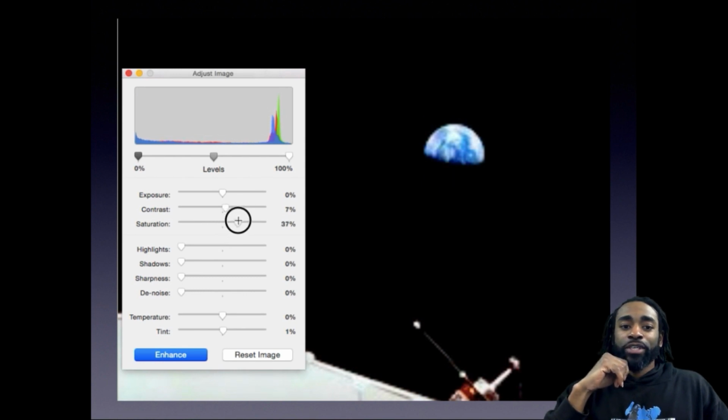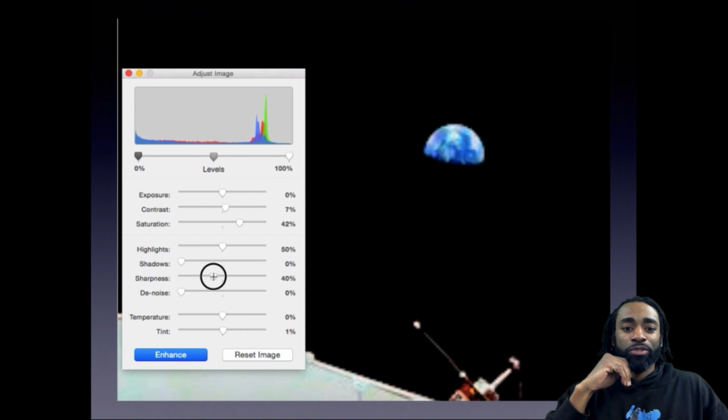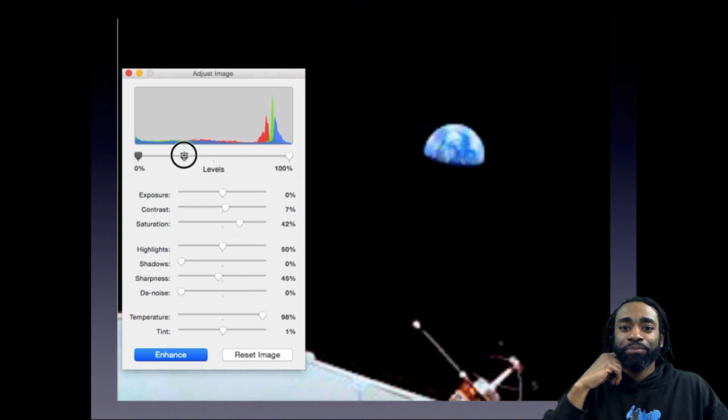I adjust the saturation. And I adjust the highlight to around 50 or so. And then I increase the sharpness, 45%. Change the temperature a little bit. I don't even know if that needed to be done. But then we adjust the levels, and let's see what happens.